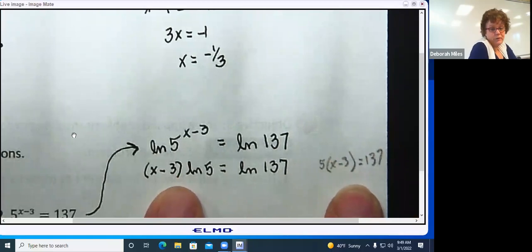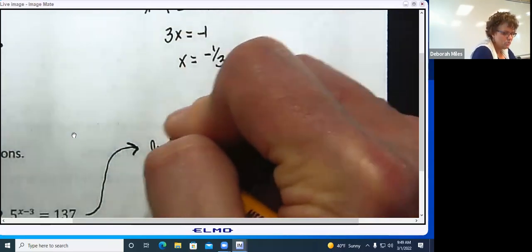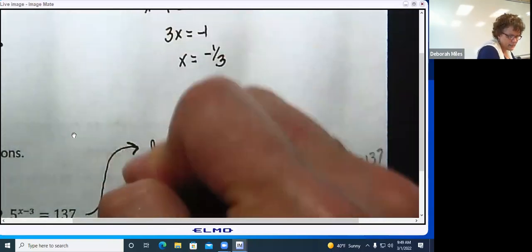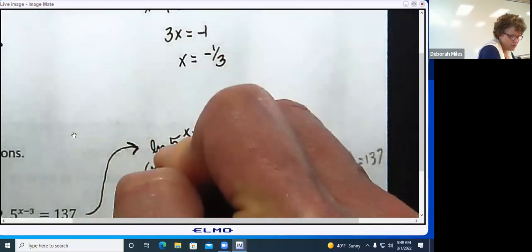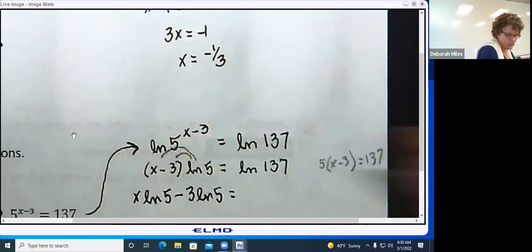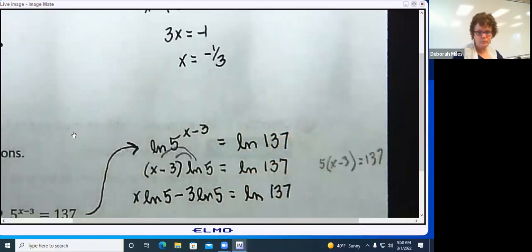Yeah, you'd clear out the parentheses. Well, here you have to distribute a natural log of 5. Make sure you multiply it by both terms. x natural log of 5 minus 3 natural log of 5 equals natural log of 137.